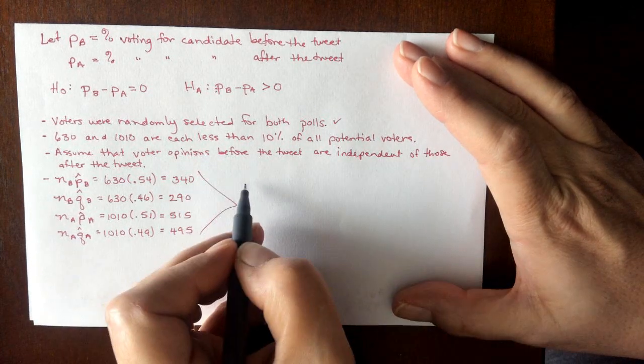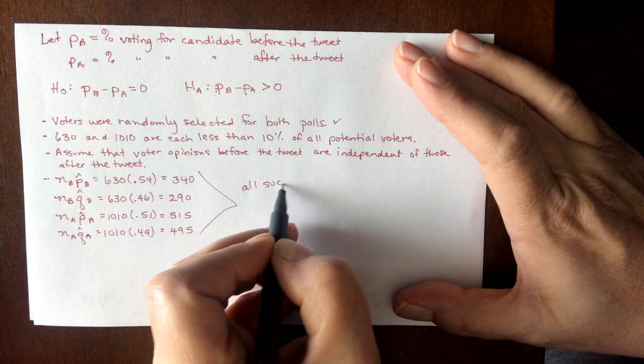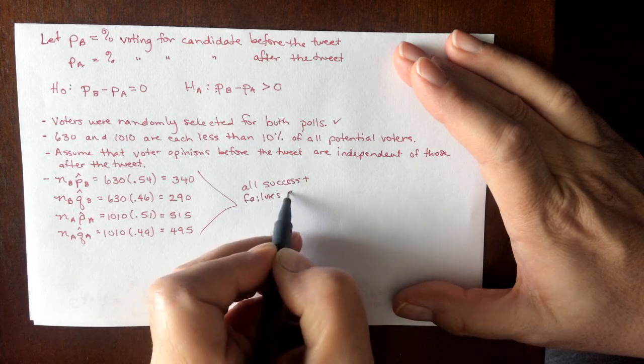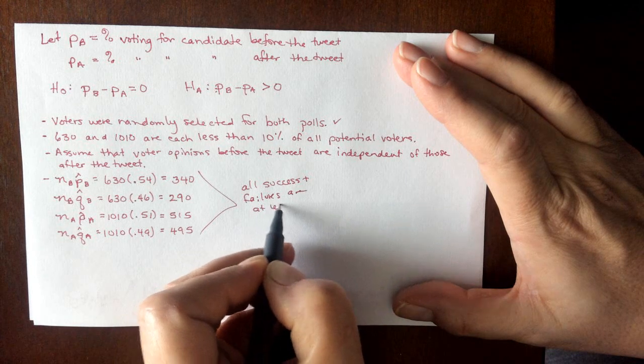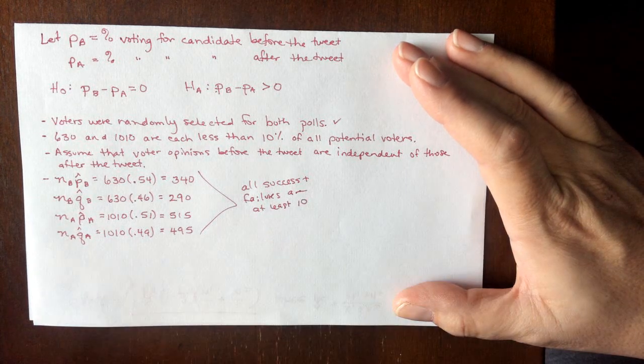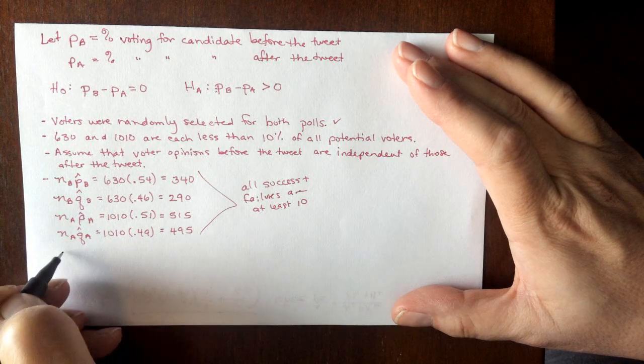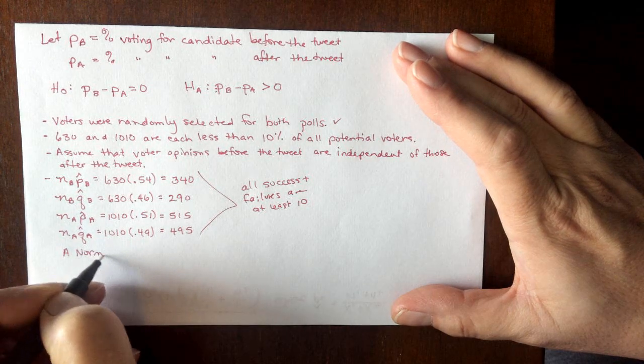And we see that all our successes and failures are at least 10. All those conditions seem to check. So a normal model can be used.